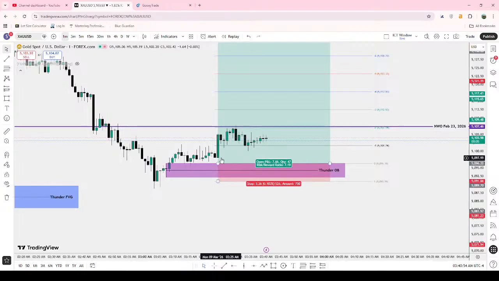Can you see this liquidity? All these liquidities. When the market comes down to take these liquidities, my entry will be filled in.